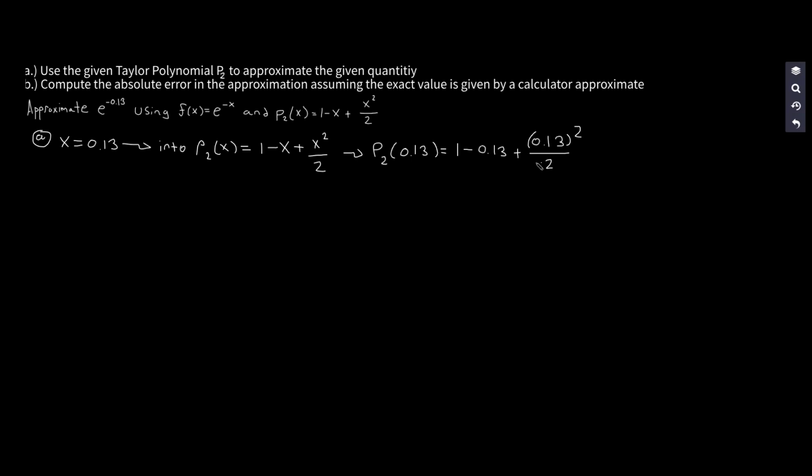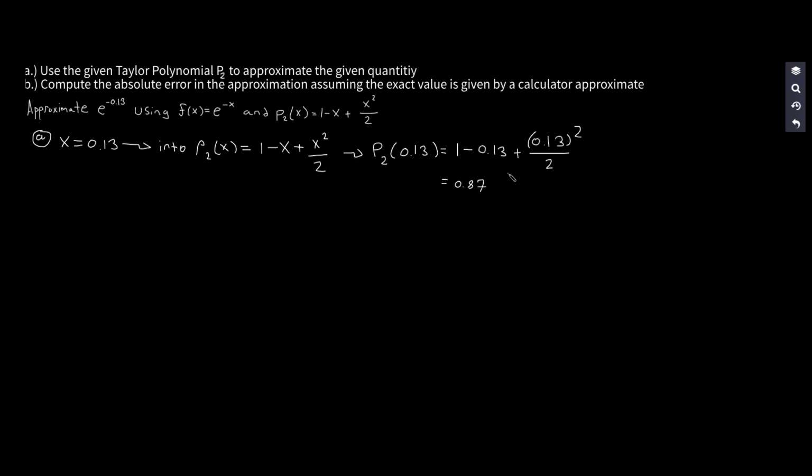And then I can break this down and try to calculate the terms here. Well, let's see. 1 minus 0.13, it's going to be 1.87. What am I talking about? 0.87. You subtract 0.13 from 1, you'll get 0.87.